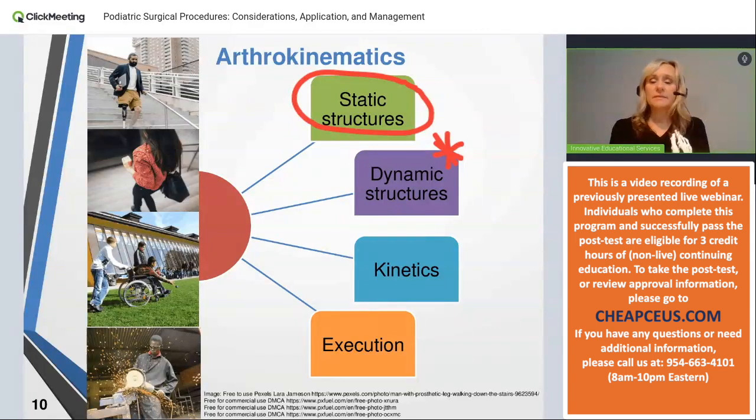And all of the ligaments and the tendons in the region, as well as the joint capsules, which there are many between all these articulations, those are going to be our dynamic structures, our dynamic stabilizers in order to work with our muscles for functioning of that foot and ankle.